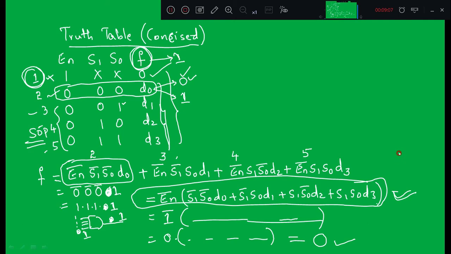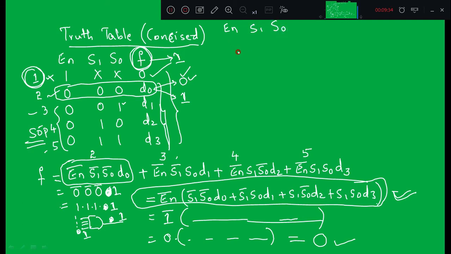With this expression we will draw the logic diagram now. So now we will draw the logic diagram for this final expression. That will be the internal logic diagram of a 4:1 multiplexer. Total how many inputs? Enable, S1, S0, D0, D1, D2, D3, 4 plus 3, total 7 inputs, right? So here I will take enable, then S1, S0.